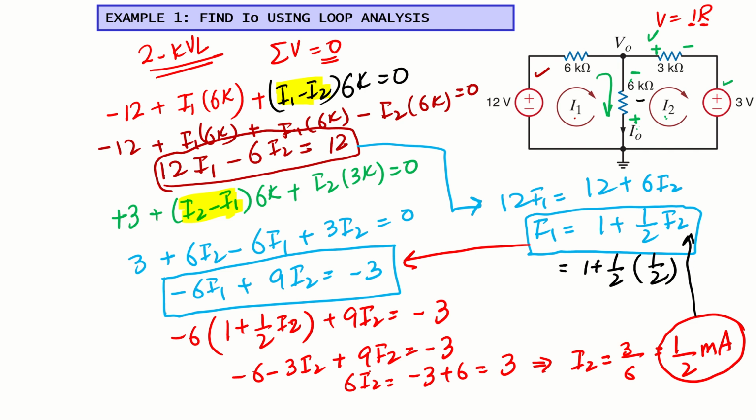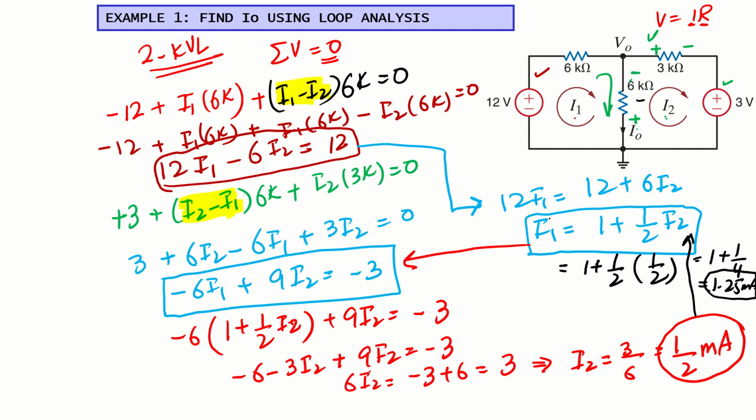So that will be 1 plus 1 over 4. Okay, or we can say that basically simply I1 will be, what is 1 over 4? So 1 over 4 is simply 0.25. So I1 basically could be written as 1.25 milliampere.